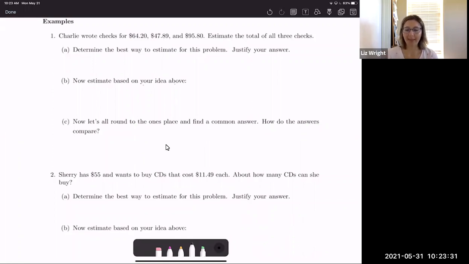So I'm actually gonna give you a couple different methods that you could maybe choose for this one. One of them, I think about like easy mental math. So here's one where I'm gonna estimate high, and then I'm also gonna do easy math. So determine the best way to estimate for this problem. So here's one method.